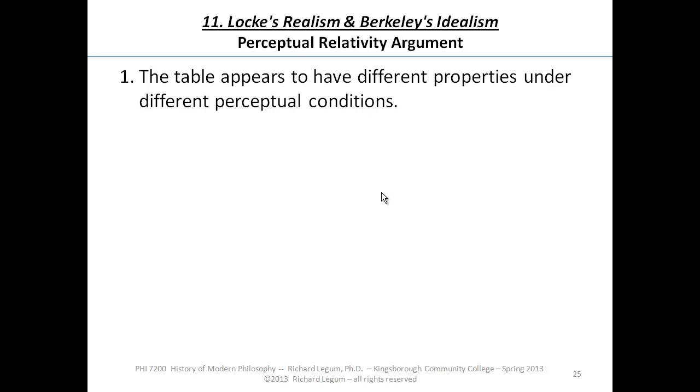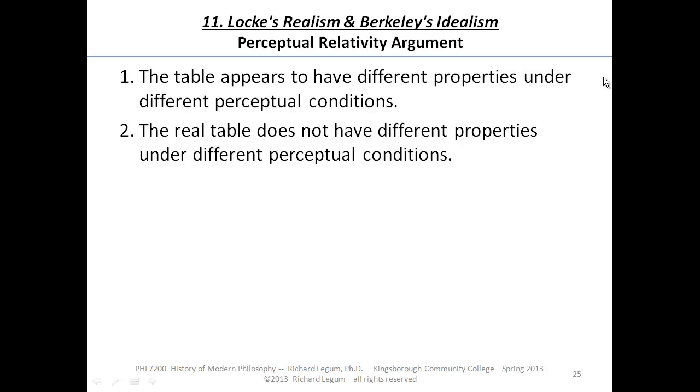Obvious, right? You look at the table from above, straight down, it's rectangular. You look at it at an angle, it's trapezoidal, let's say. I'm not quite sure what to call it, but depending on the angle you're looking at it, the color changes depending on where you are looking at it.